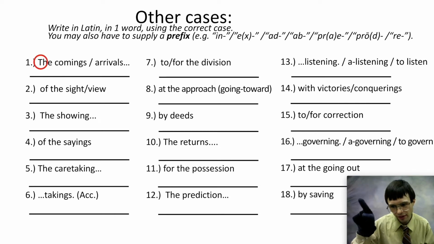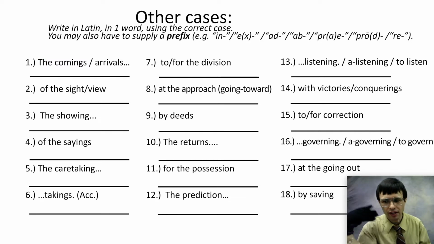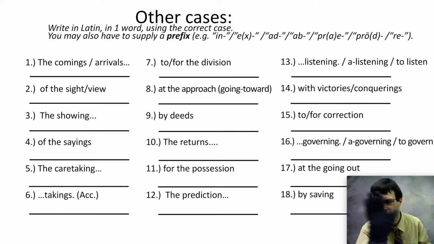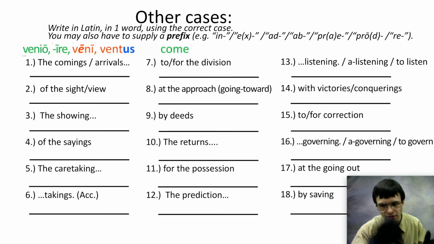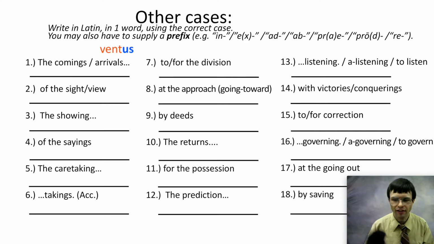Well, you see I capitalized the, so that means it's the start of the sentence, namely the nominative. And so we have to think now what verb might give us comings, arrivals. Obviously the verb come. So venio, venire, veni, ventus. Now notice though it says arrival.